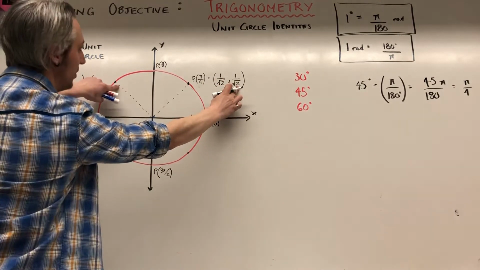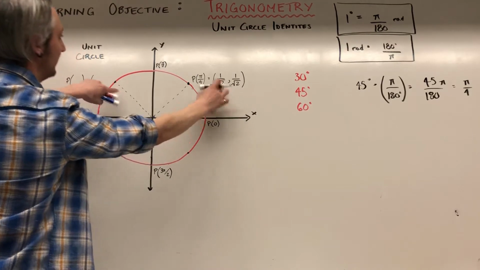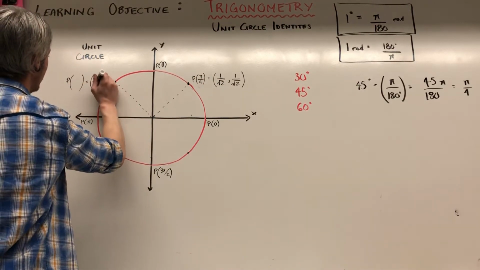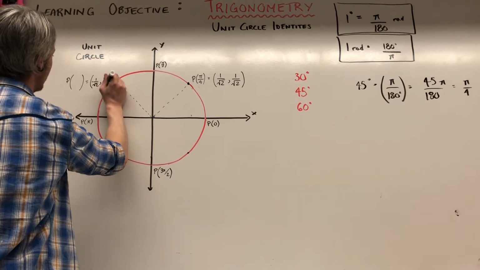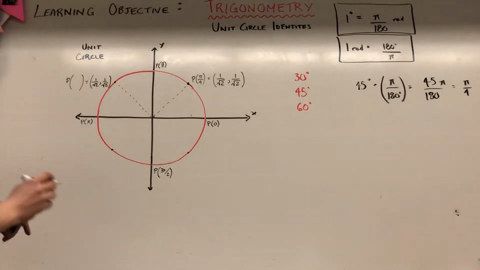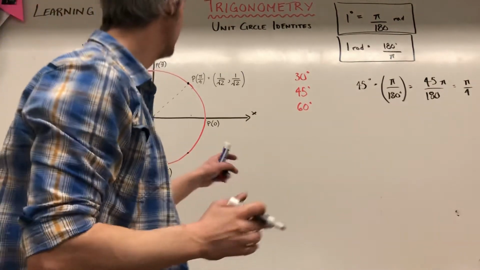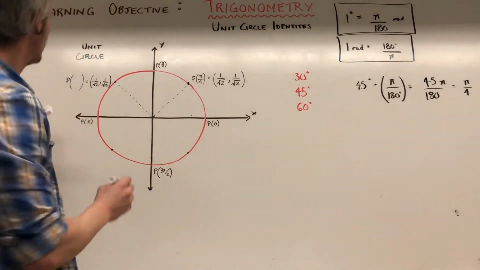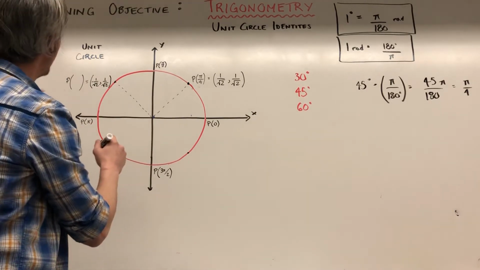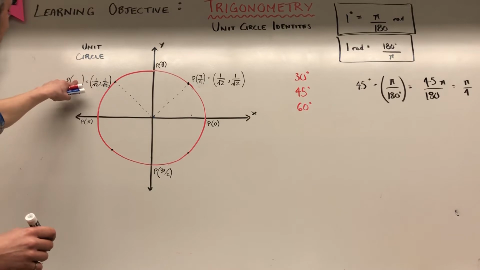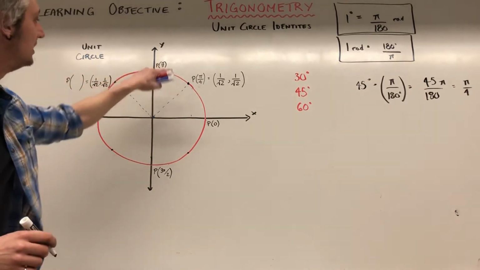Y is still positive, but in this case my x is going to be negative. So it's going to be negative 1 over root 2, 1 over root 2. And we kind of have to memorize these, sort of. There's not a whole lot to remember. And I can figure out what angle this corresponds to by using what I know here.